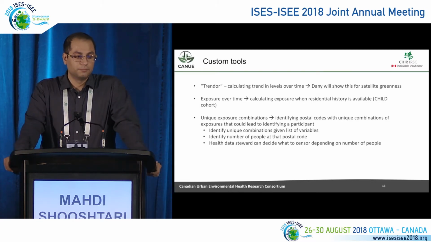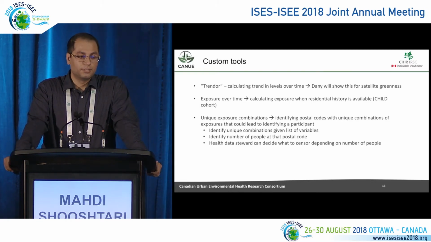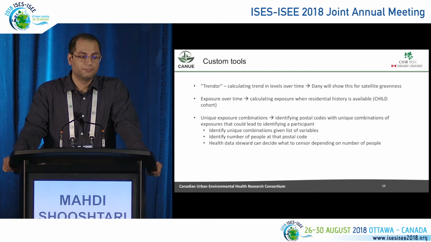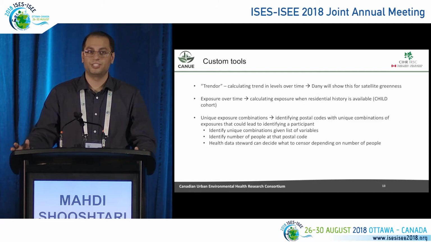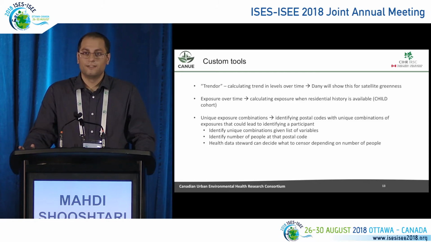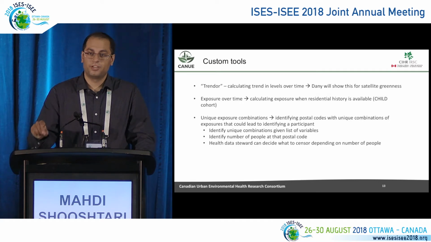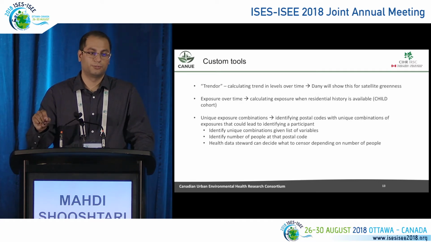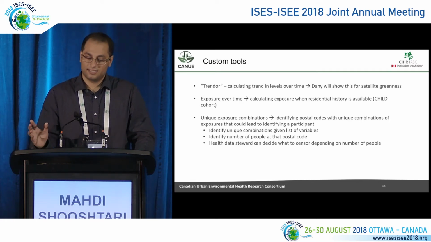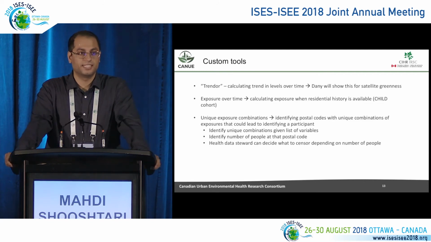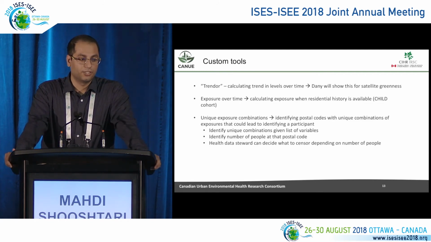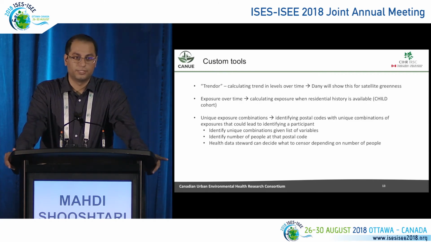And also, cohorts were wondering, what if, based on the features and values that we have, we can specifically find a postal code or one individual that has just this set of values and identify that participant.